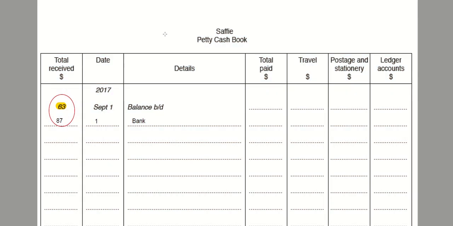So just make a notation up there. 63 plus 87 is 150, and in the bracket we'll say imprest. So this is equal to imprest, which is given in the question. This is the first thing you always do in the petty cash book. Can correct the typo: IMPREST.